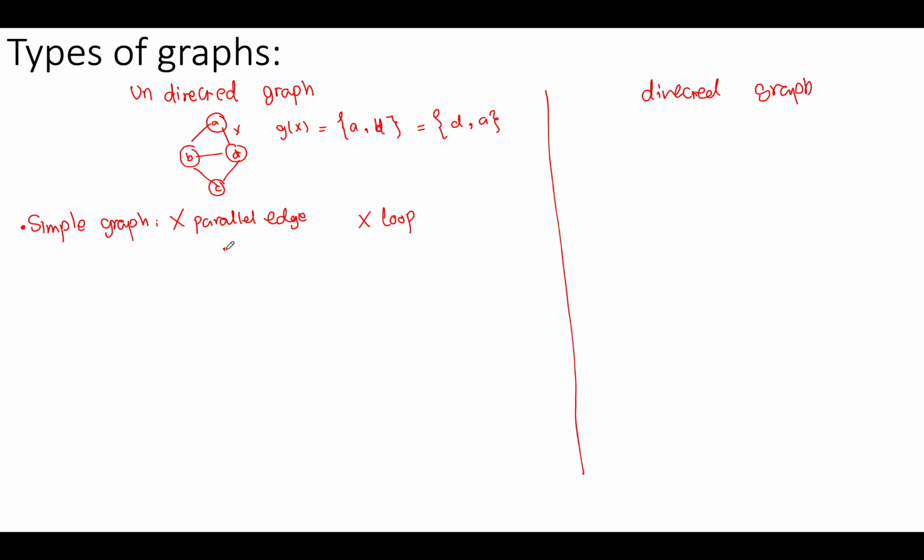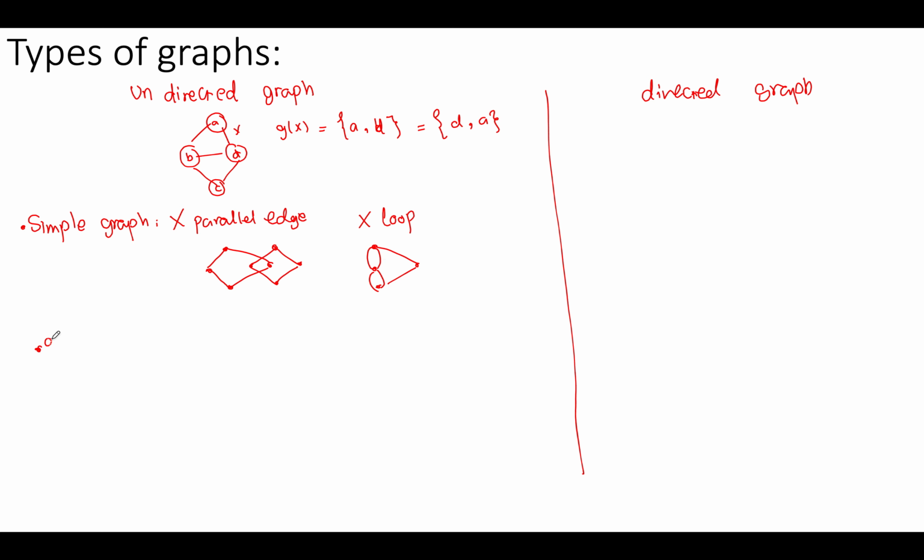For example, if we have this graph here with those edges, we can see that there is no parallel edge and no loop. So we can call this a simple graph. However, if we look at this graph here, we can see that it has a parallel edge, which means it is not a simple graph. This is the first type.